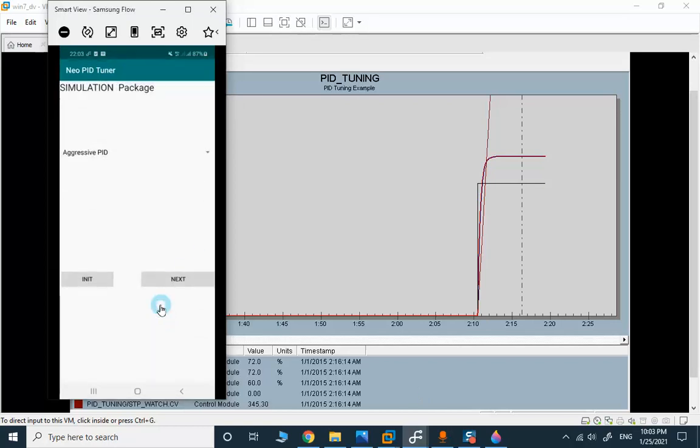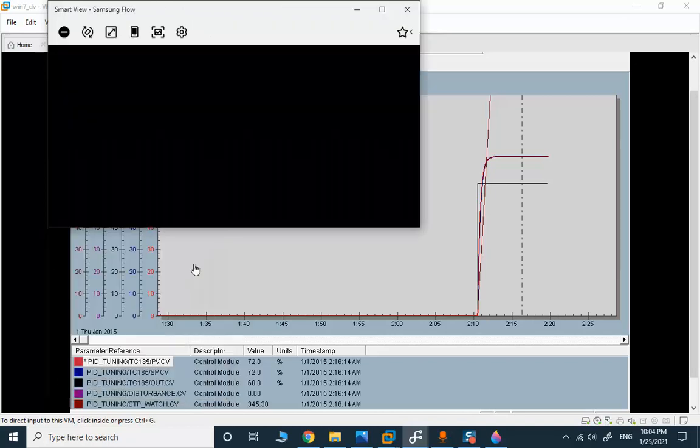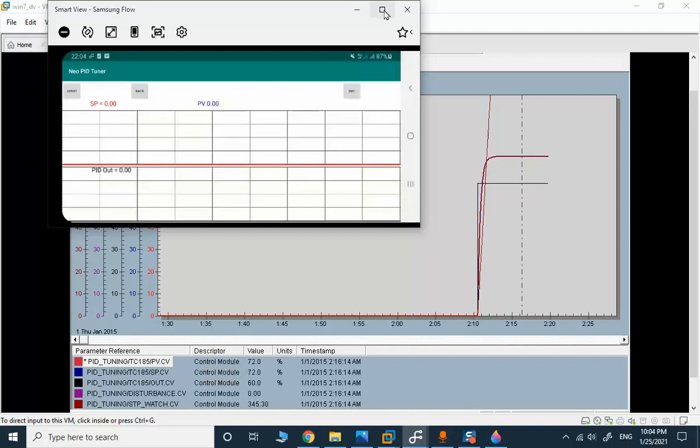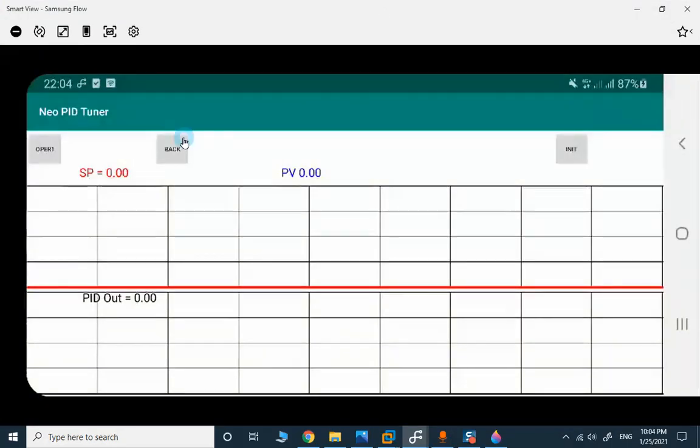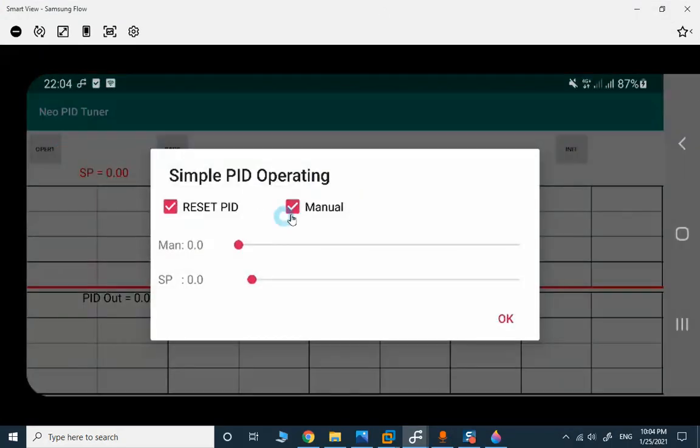It's also possible for me to simulate the dynamic process reaction to the different sets of parameters: aggressive PID, conservative PID, aggressive PI, and conservative PI. I select the aggressive PID. It's also possible to simulate the reaction in this application.